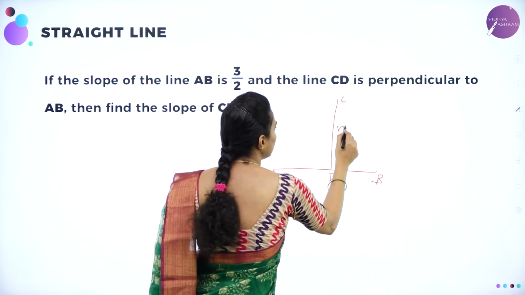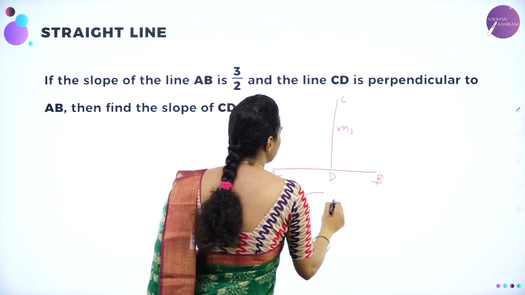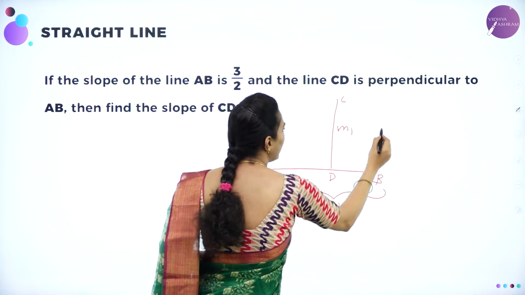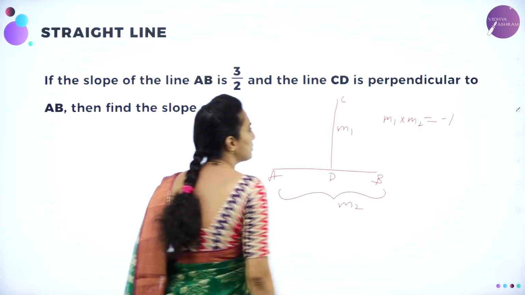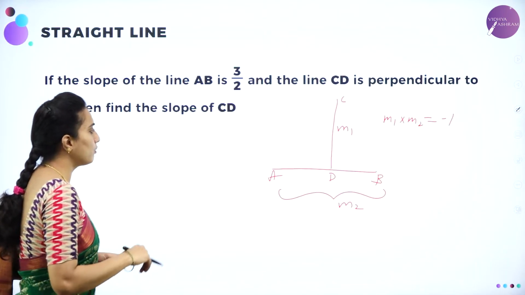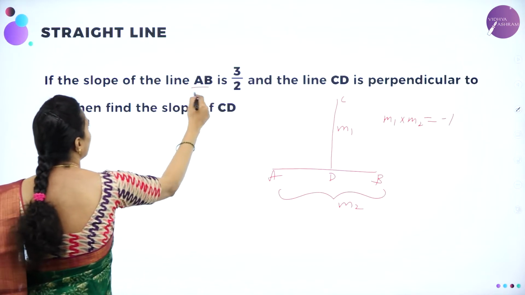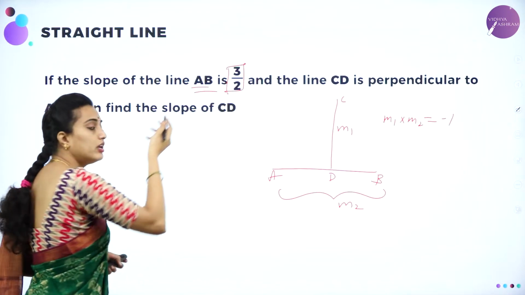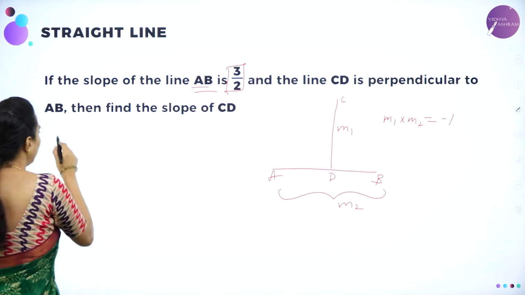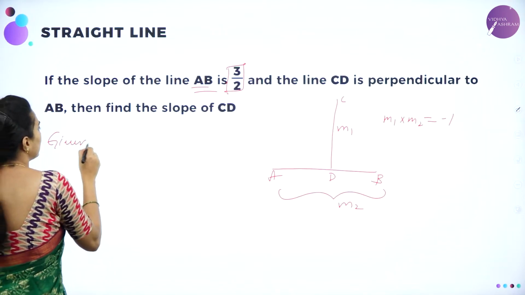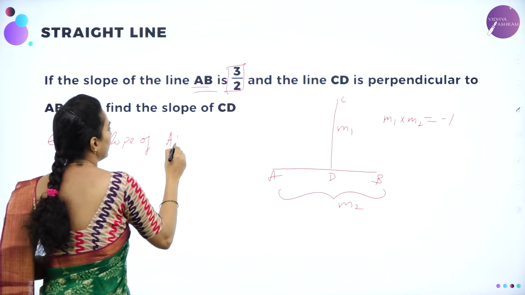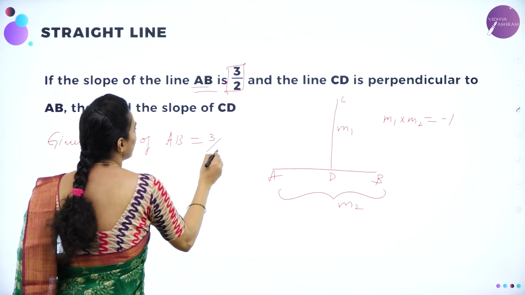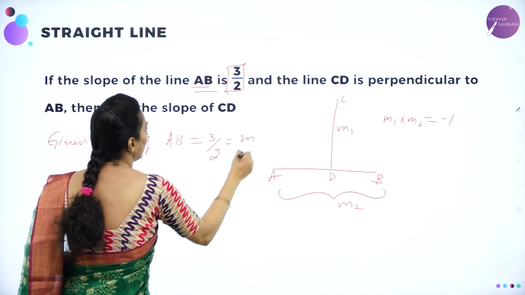We know that for perpendicular lines, m1 dot m2 will be equal to minus 1. They have already given the slope of AB, it is 3 by 2, which I am going to consider as m1.